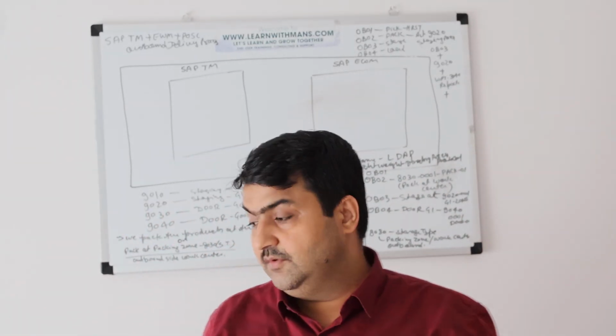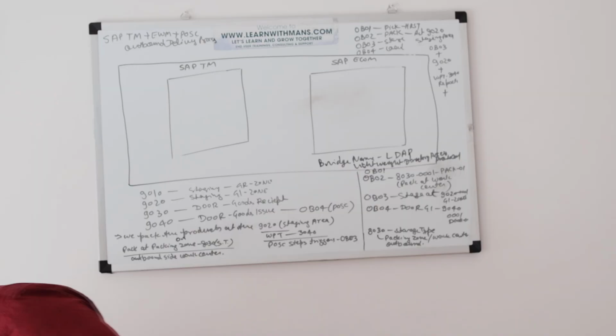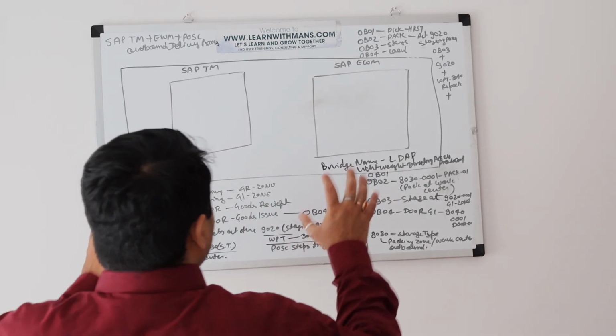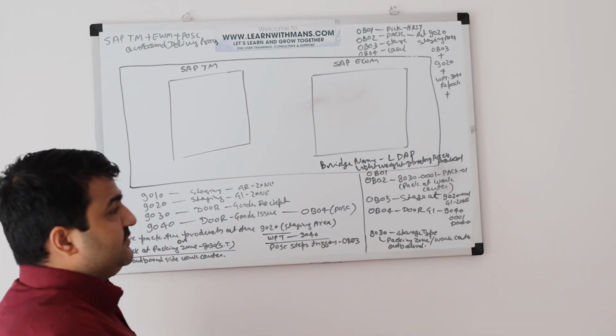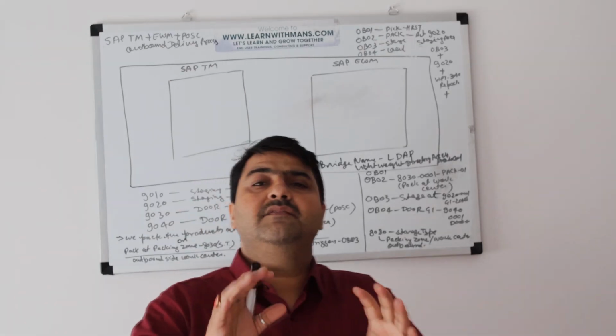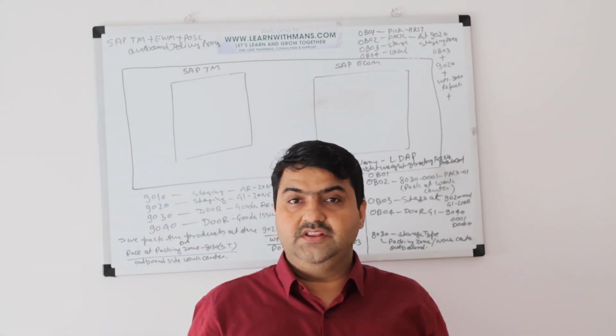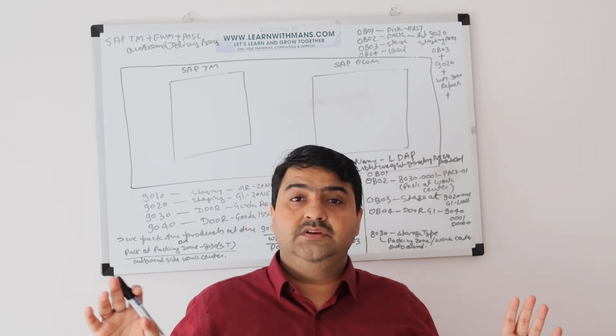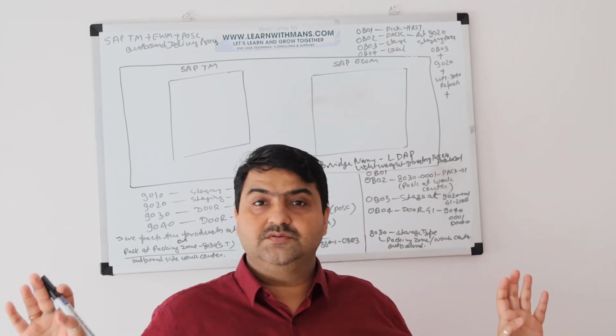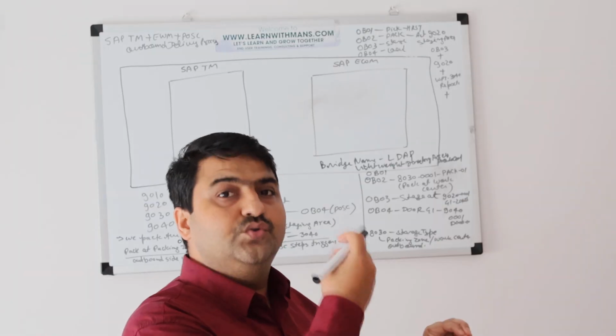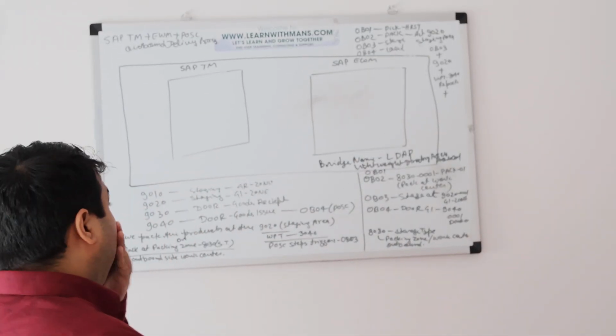Now let's come to the TM side. Suppose one of the business requirements I am going to explain here. We have n number of scenarios in real time. One of the real-time scenarios I am going to explain to you.